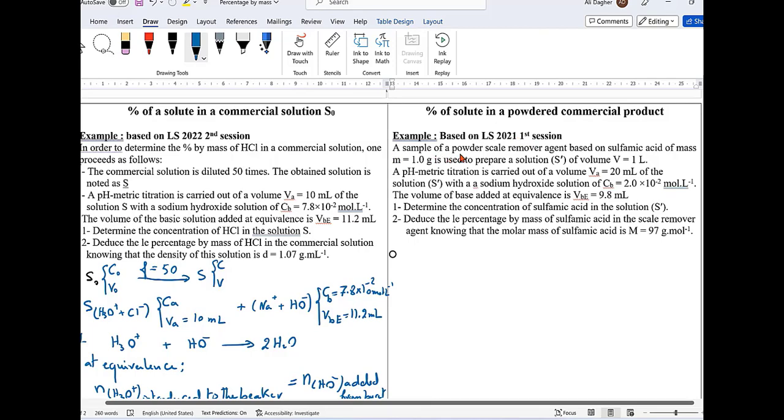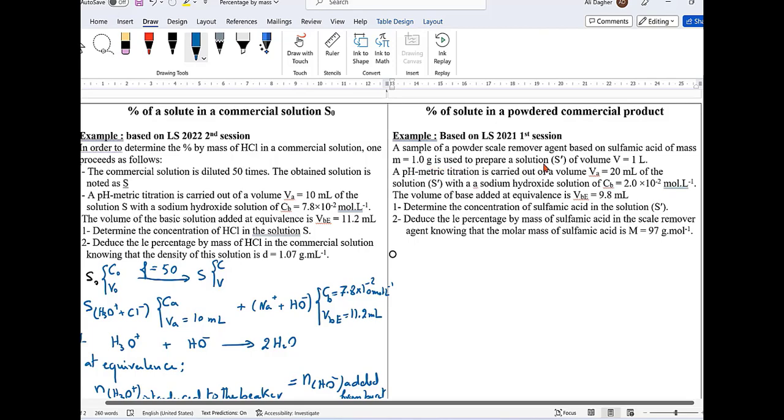A sample of a powder scale remover agent based on sulfamic acid. That means a commercial product which is used as scale remover. The essential substance or active substance is the sulfamic acid, which is a solid in a powder of mass M equal 1 gram.